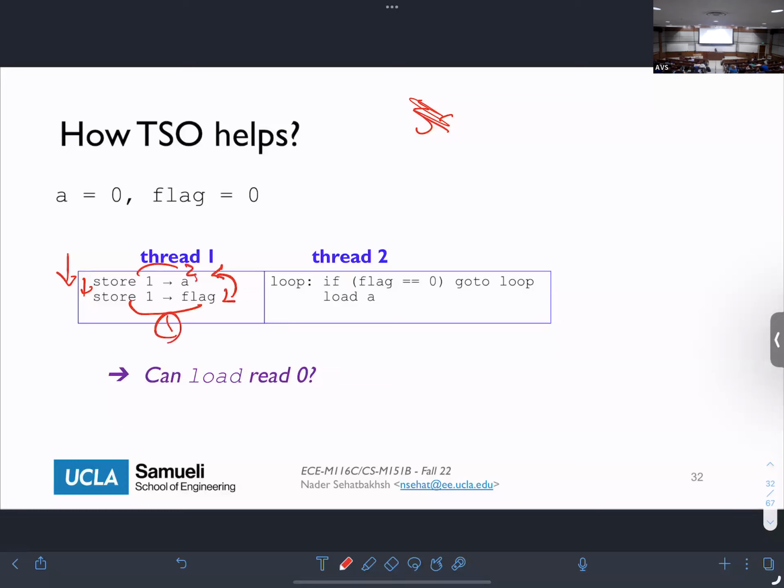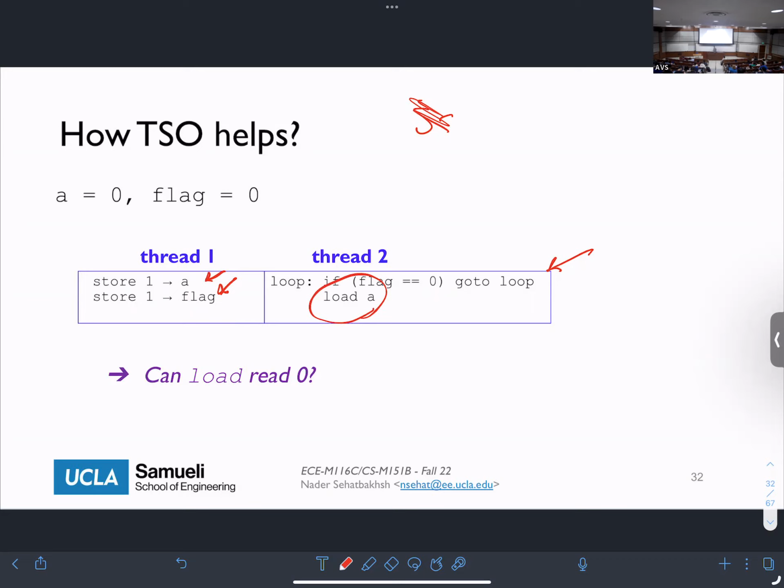If you look at the code at 2, it basically says wait until the flag becomes 1 and then read A. So what this code on the right side says is that I'm going to just wait until the flag is 1 and then I'm going to read A. And our assumption is that, given that A happens before flag, this one should be guaranteed to read 1.